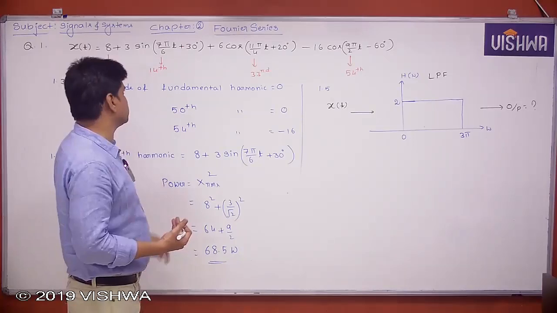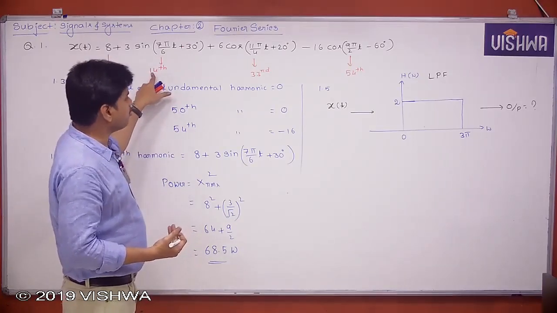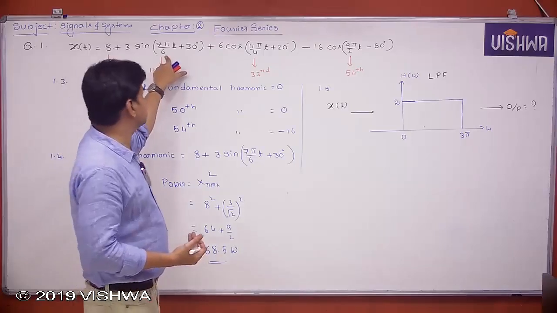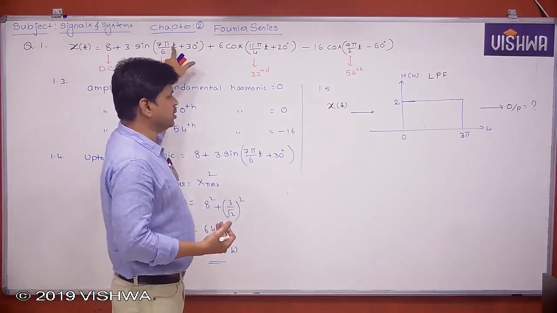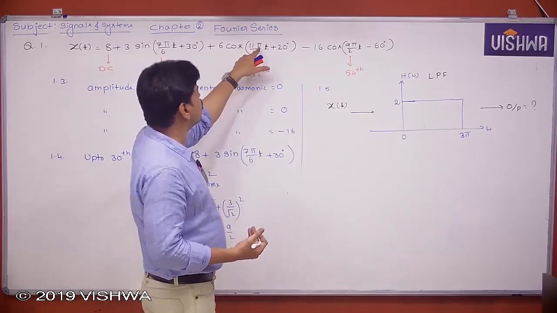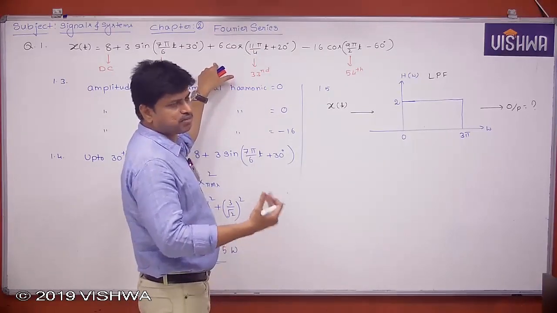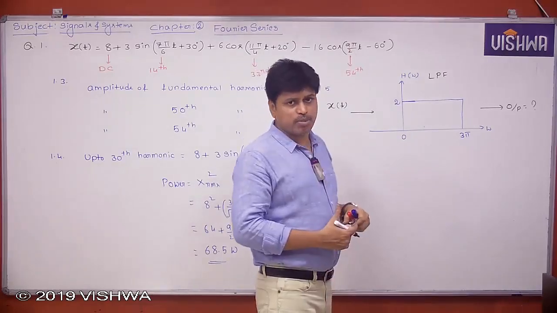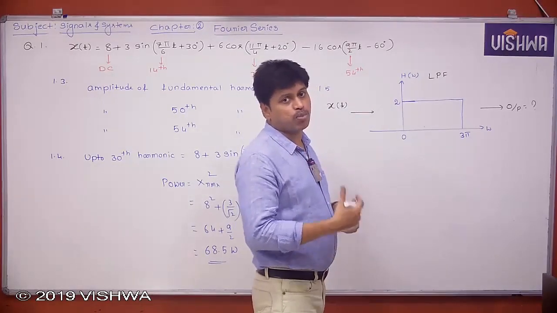Yes, it is passed. 14th harmonic, will it be passed? Yes, 7 pi by 6. It is 1 point something pi, so it is less than 3 pi. Yes, that is also passed. 11 by 4 pi is 2 point something pi, so that is also passed. 9 by 2 pi, will it be passed? Definitely not, because it is 4.5 pi.